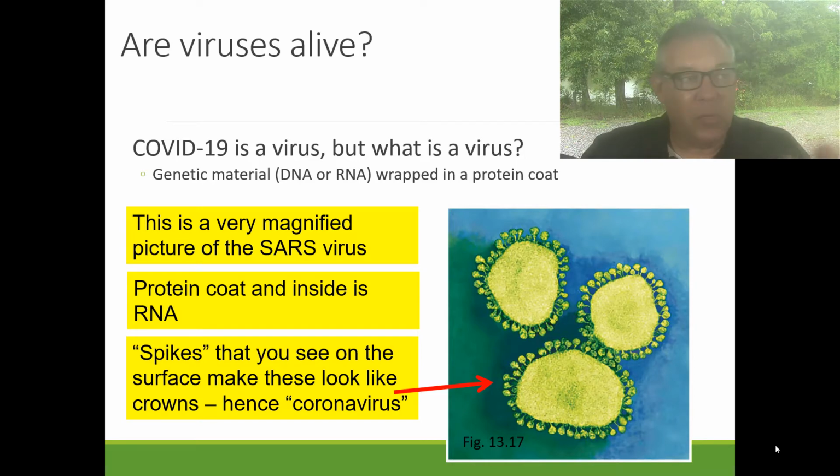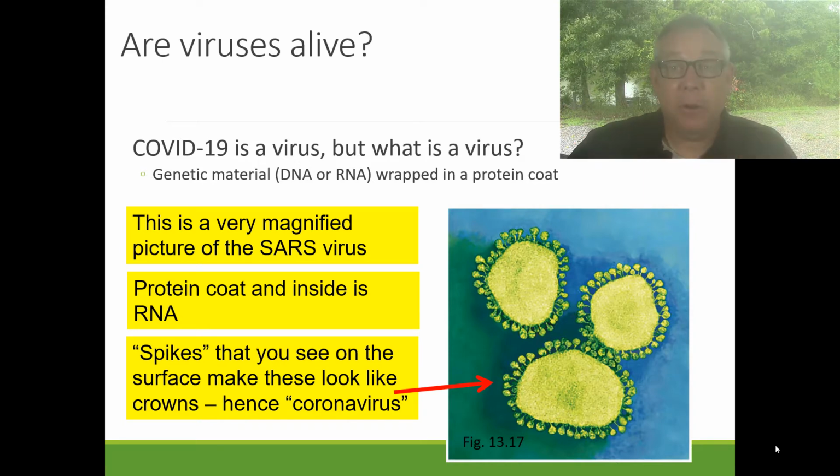And so this has been something that, once viruses were discovered, and then we figured out that viruses cause many common diseases, then the question is, are they alive? Lots of things that make you sick, that cause disease, are living organisms, right?